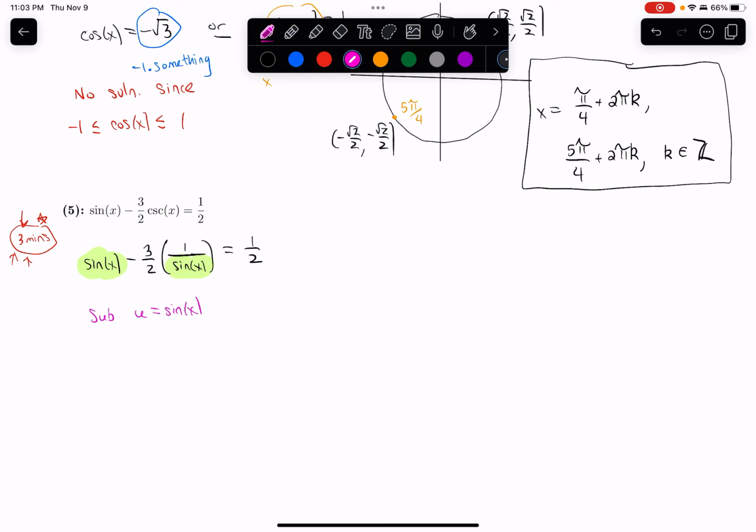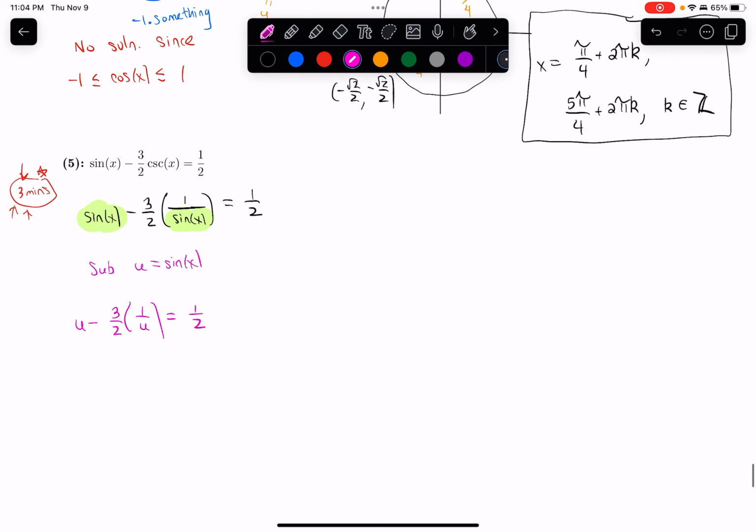And when I substitute, I get u minus 3/2 times 1 over u equals 1/2. So I substitute and we get this. All right, so I got u minus, and when I multiply my fractions together, this is 3 divided by 2u equals 1/2. Okay, so it's looking simpler than what I had before.